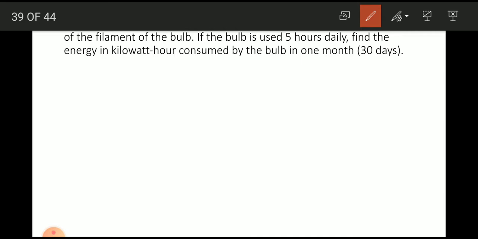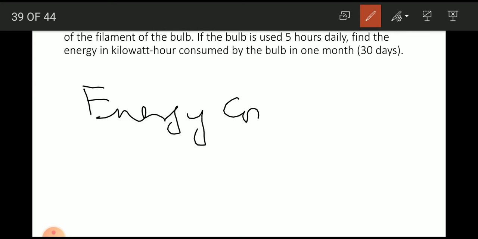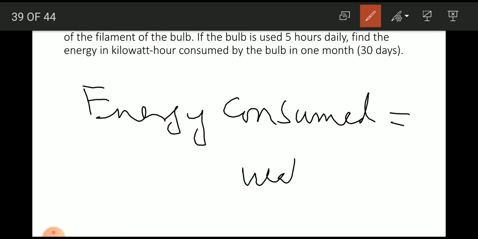The formula for energy is power in watt multiplied by time divided by 1000.